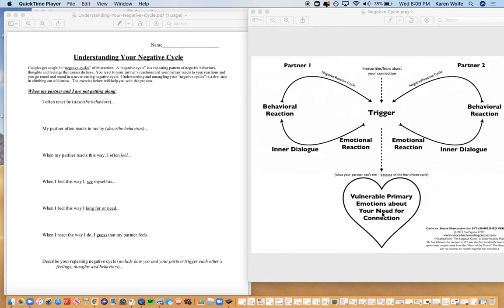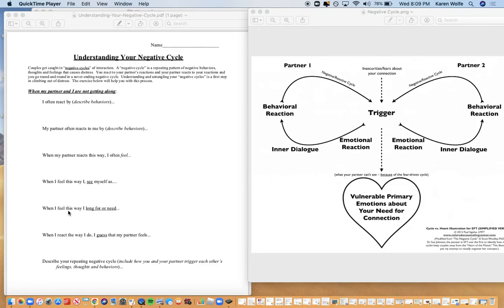And so when we can get in touch with these vulnerable primary emotions like fear, anger, sadness, those are basically our primary emotions about our need for connection, then we can start to stop the cycle.